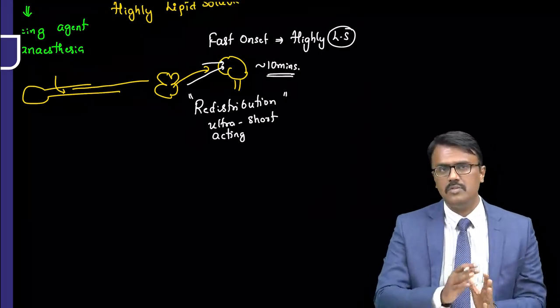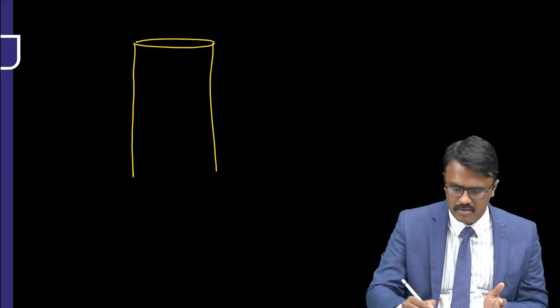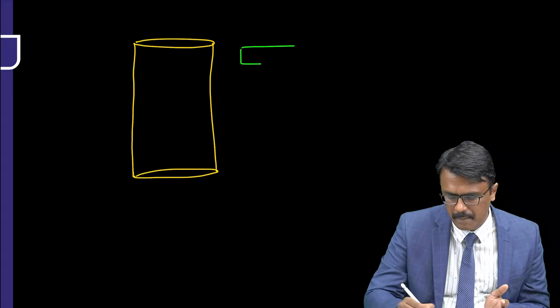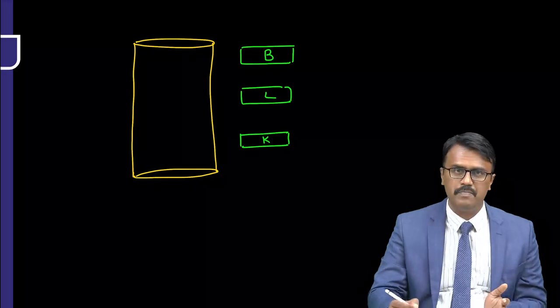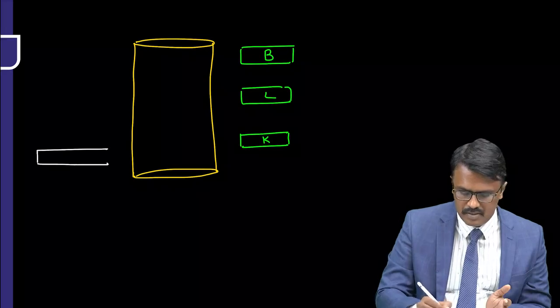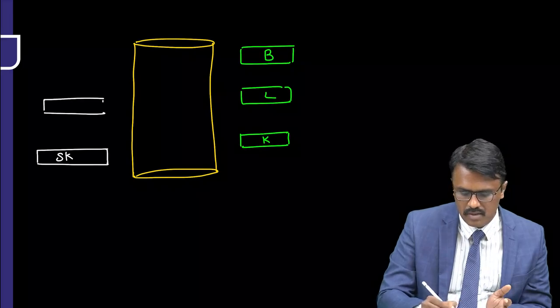Now, what do you mean by redistribution actually? You will understand now. I told you in the beginning of distribution, when we give the drug into the blood vessel, the drugs will enter the brain, the liver, and the kidney because they have high blood flow, but they will enter the skeletal muscle very slowly, and still more slowly the adipose tissue.